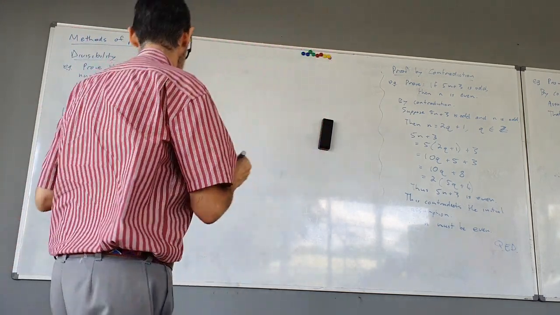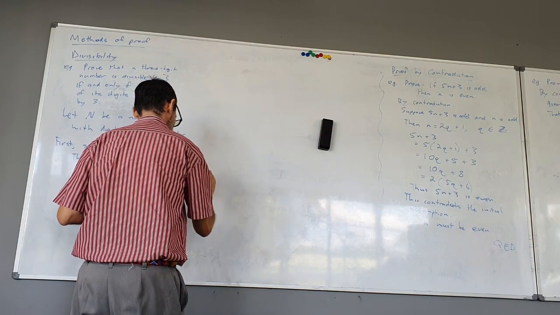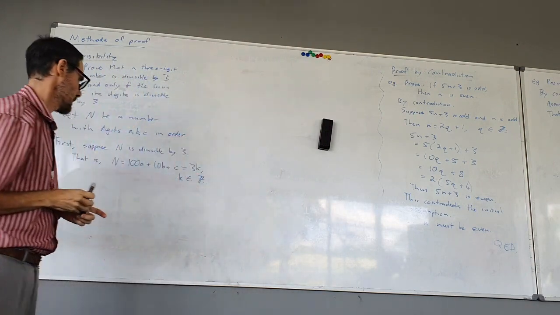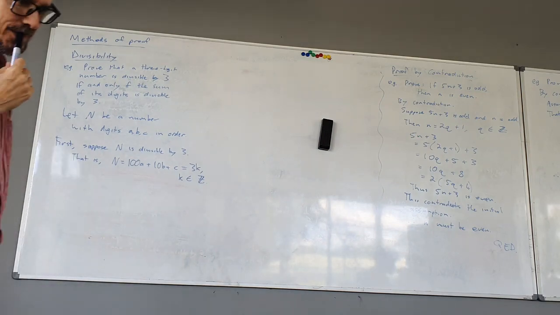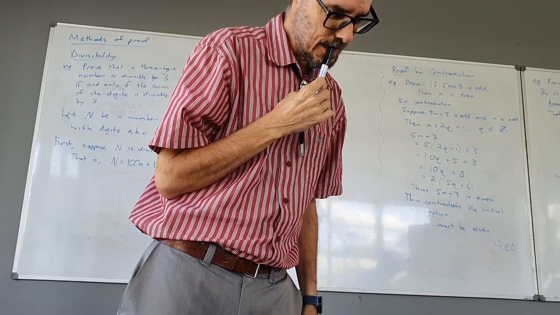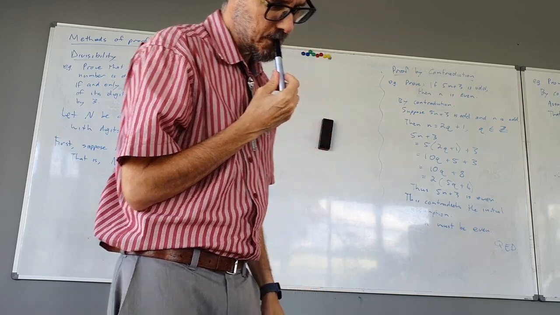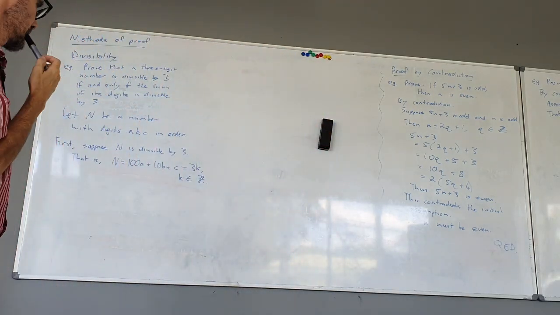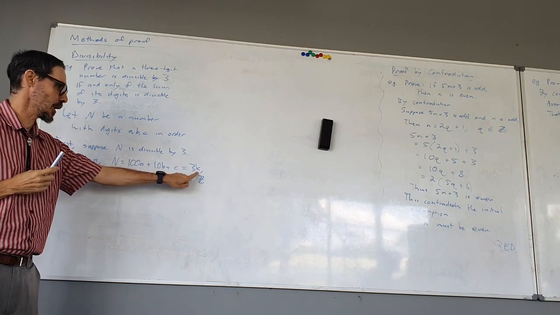Let's call it k, where k is some integer. You agree with that? If n is divisible by 3, then it's 3 times some integer.